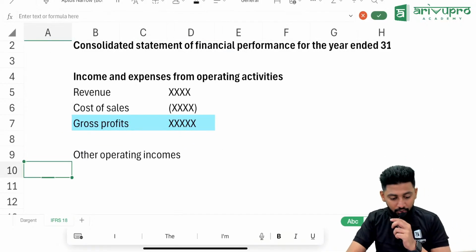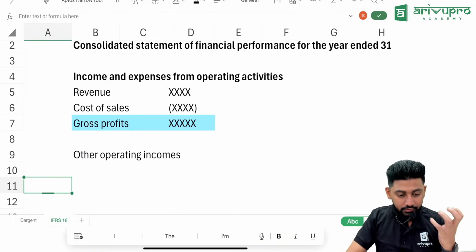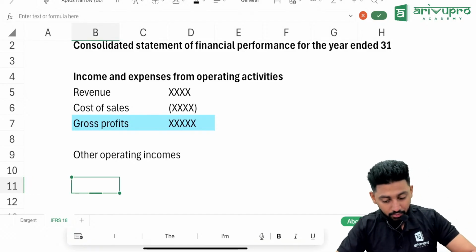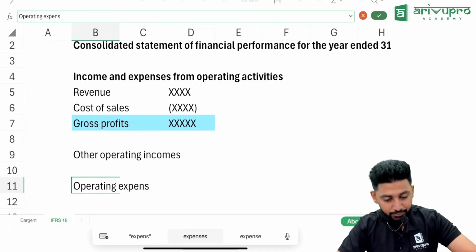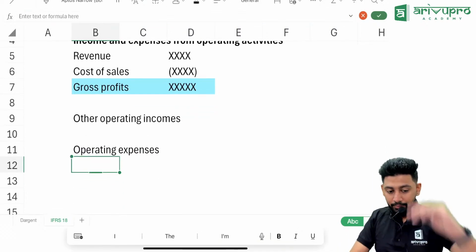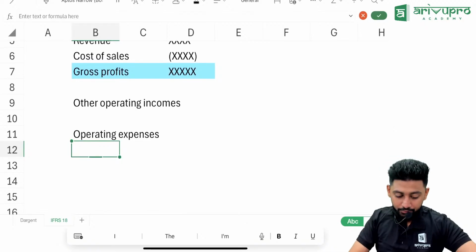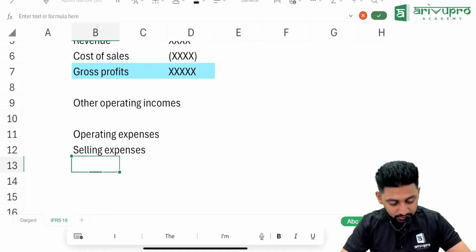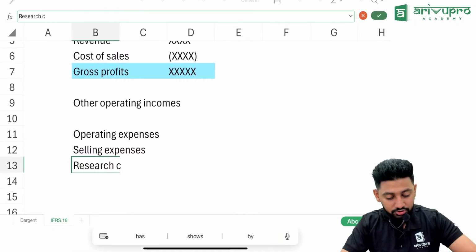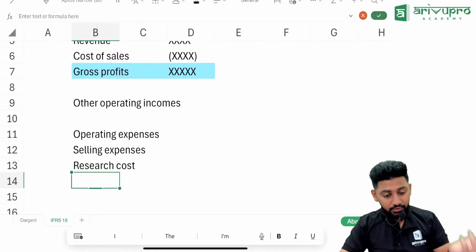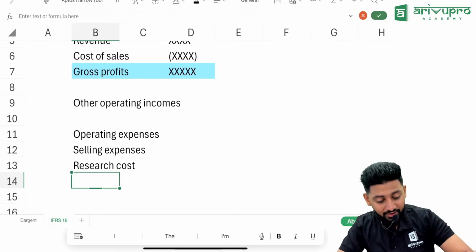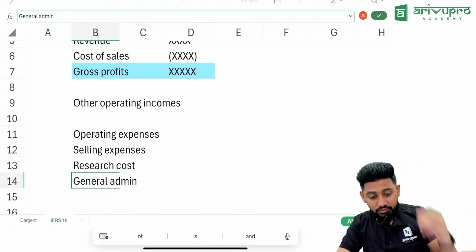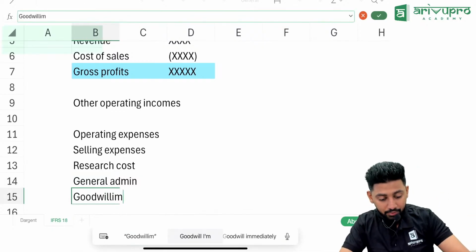So as a part of my operating activities, I will now take my operating expenses. Operating income done, now I'm taking my operating expenses. If there is any selling expenses, I'm going to take my selling expenses. Any research cost, development cost, I'm going to take it separately. If I have any general admin expenses, I'm going to show it separately. If there is goodwill, I'm going to show goodwill impairment separately.